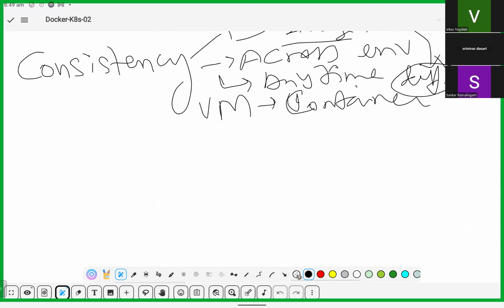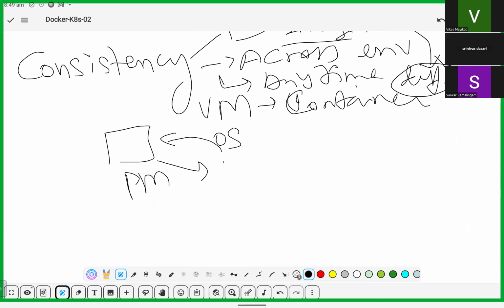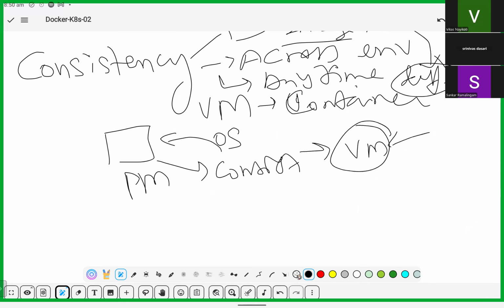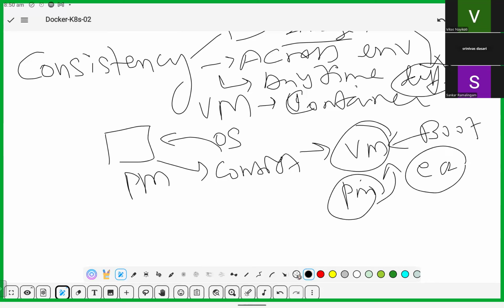One of the issues previously was we had a physical machine. We needed to reinstall the operating system multiple times to have a consistent environment. And even if you have a VM, the boot time is more, and you need to depend on people to create a VM. I'm talking about a virtual machine on top of a physical machine, not EC2. EC2 is in the cloud.